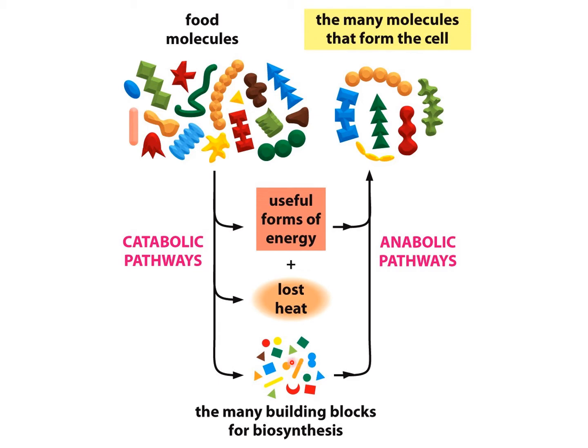And then once those get into your cells, you'll do some anabolic reactions and take those smaller molecules, maybe take some amino acids and put those together to make some proteins, for example. So that's just kind of showing you how these catabolic and anabolic pathways are going to be used in our body.